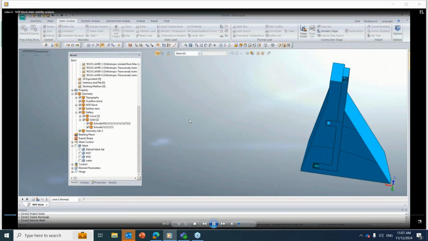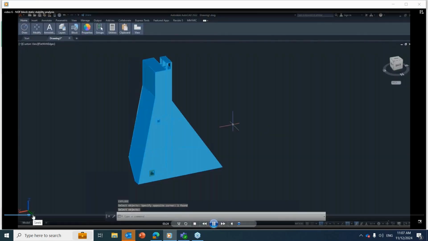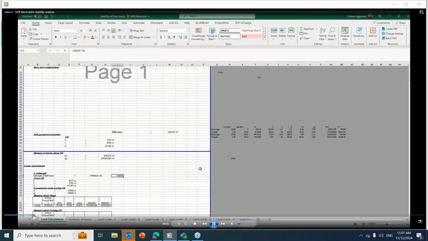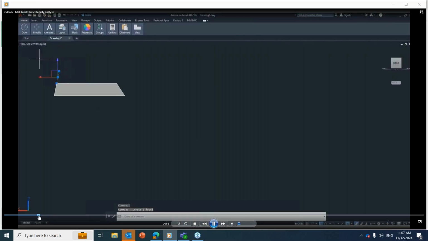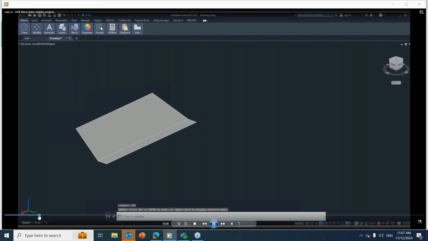And for the stability analysis, we need raft properties also, area of raft, moment of inertia. For that, I had taken my model to AutoCAD, and from there, I had computed the CGs of the inclined portion of this raft. Otherwise, it's slightly complicated, and we may be committing some error while evaluating the CGs manually.